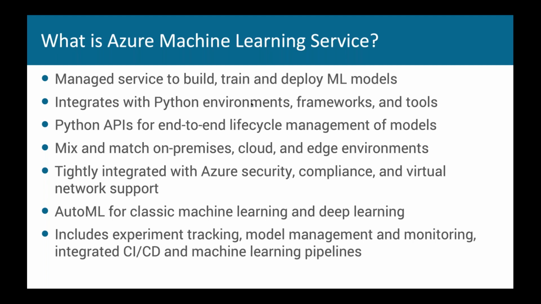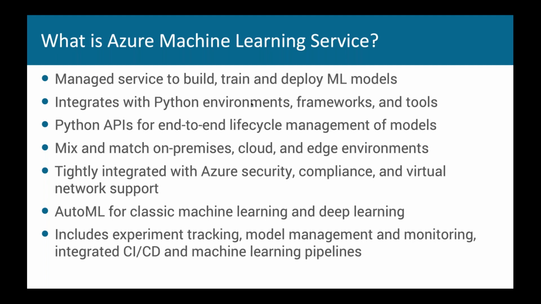That is a part of Azure ML. It supports both classic machine learning based on scikit-learn and supervised learning. You can also use it for deep learning with TensorFlow, PyTorch, and basically to generate convolutional neural networks or some of the RNNs and LSTMs and advanced deep learning models.